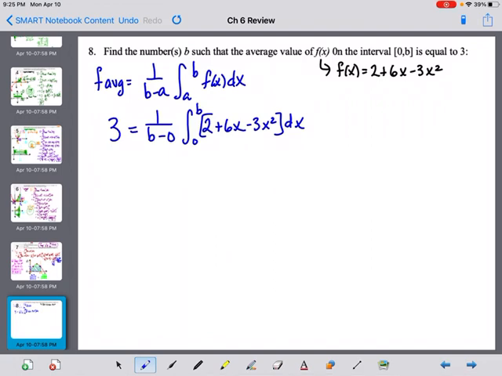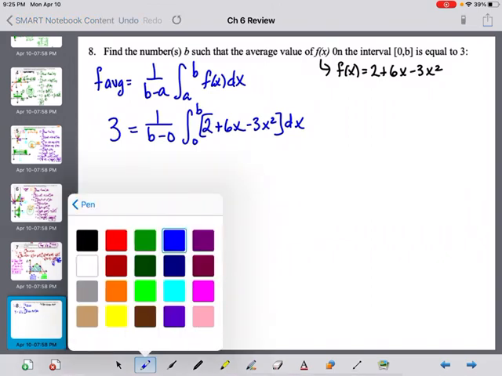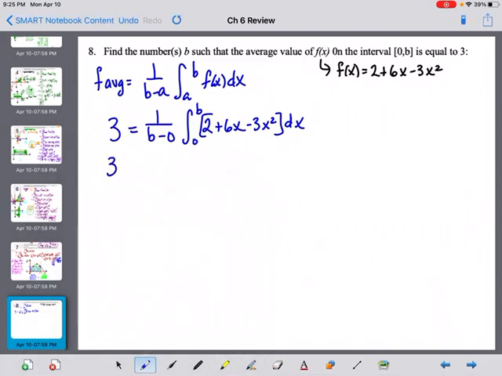Now I can do a little bit of simplifying. The 1 over b minus 0 is just 1 over b. If I want to move that to the other side of the equal sign, I would just multiply both sides by b. Maybe I should show this in 2 steps.